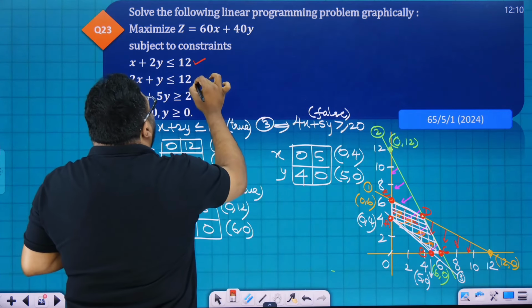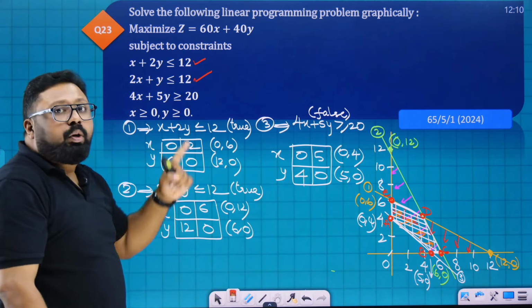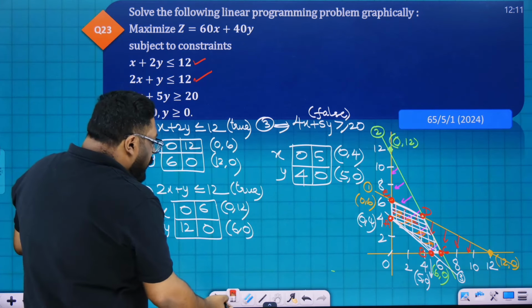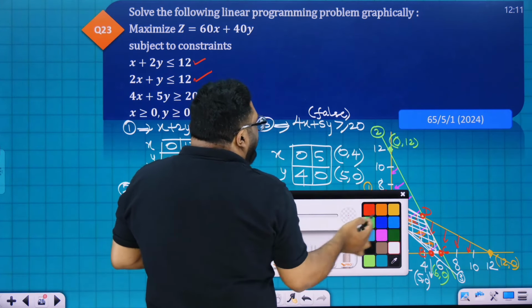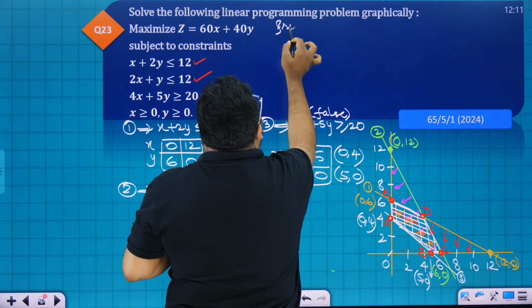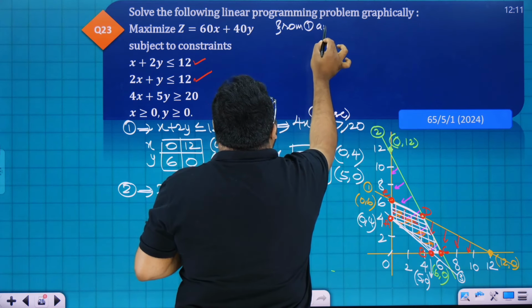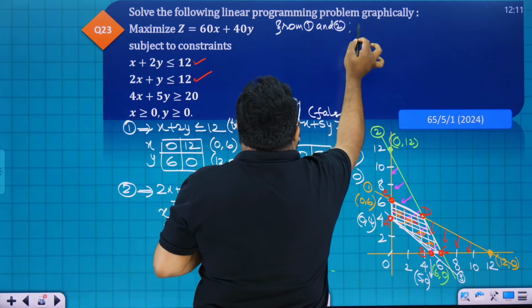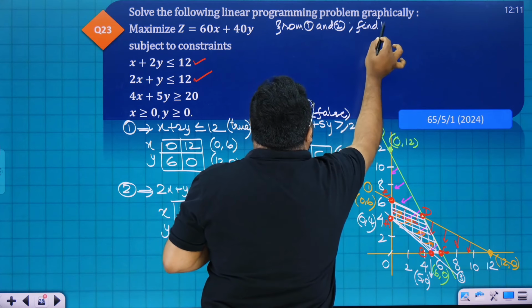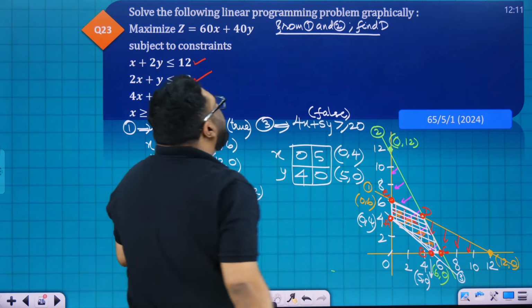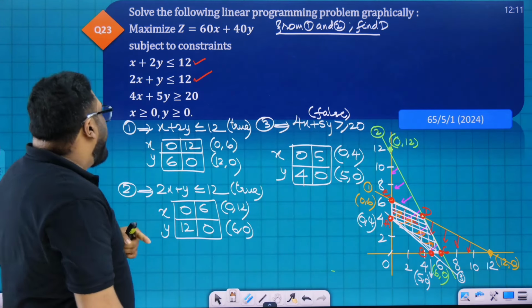So I am concerned about equations 1 and 2 to get the D. Not 3, 1 and 2. So from 1 and 2, we will find the unknown point called D.